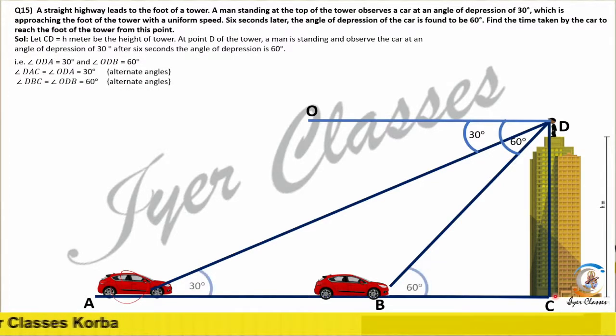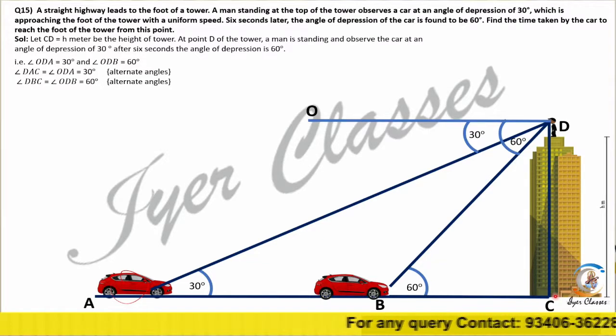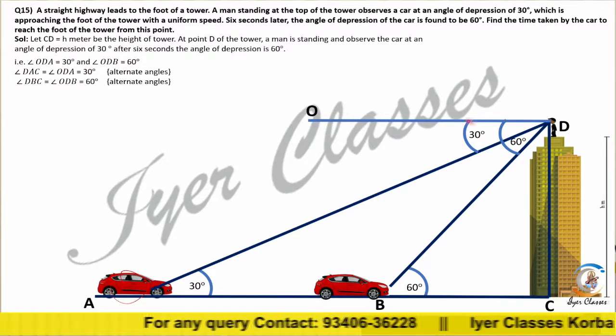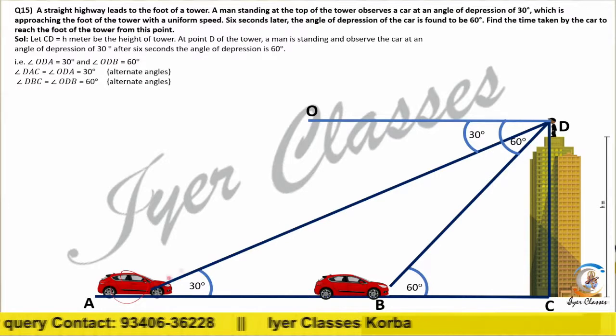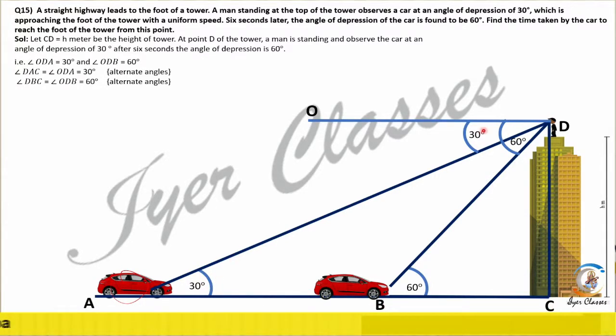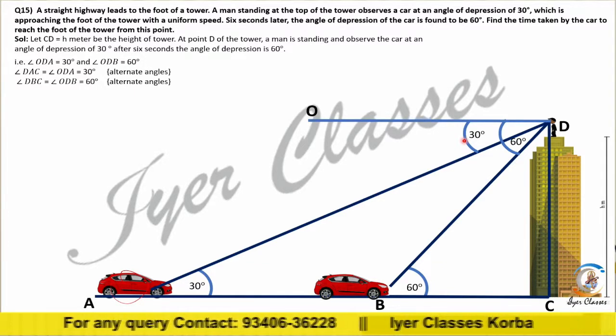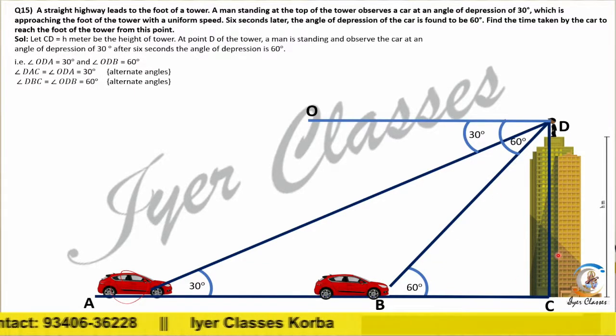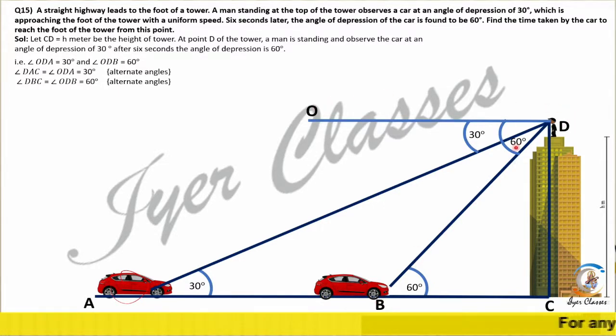So we know that if the lines are parallel, then the alternate angles are equal. So the angles ODA and DAC are alternate angles, so they are equal. And you also know that the angle DBC is equal to the angle ODB, each equal to 60 degrees, being the alternate angles, right?